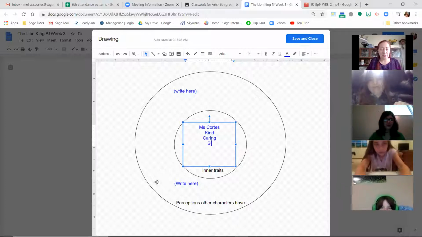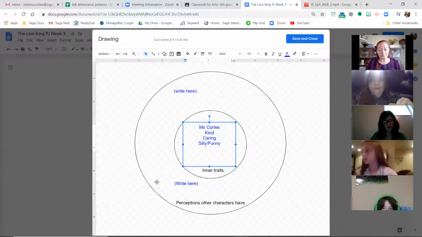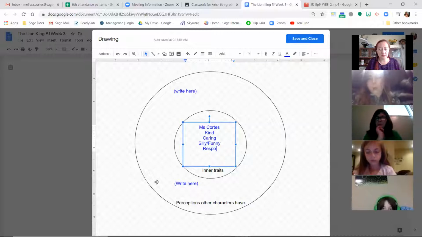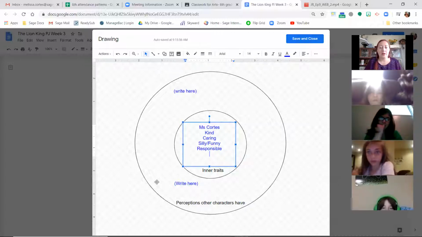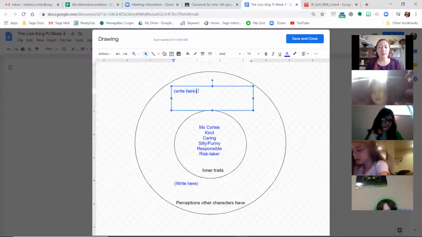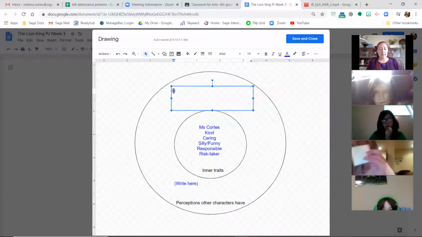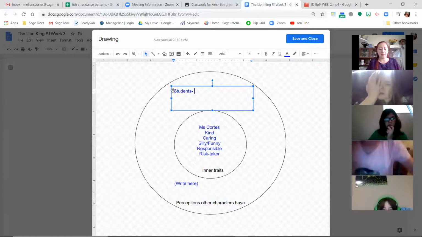Maybe she thinks that she's silly, funny. Maybe she thinks of herself as responsible. Maybe she thinks of herself as a risk taker. You can even use some of the IB traits here. And then you're going to think about what other people think. So let's say the students might think she's kind.